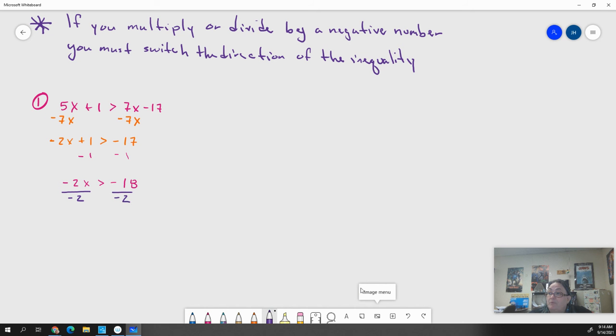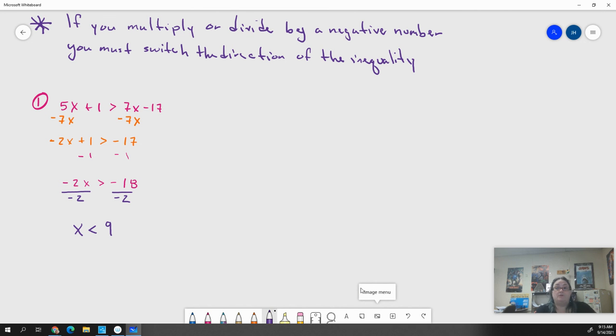And if you remember that rule that we made up there, when I divide by a negative, we're going to have to switch the direction of our inequality. So right now we're going to be left with x, and I'm going to take this inequality, I'm going to turn it the other way, is now less than negative 18 divided by negative 2 becomes a positive, and we have x is less than or equal to 9.